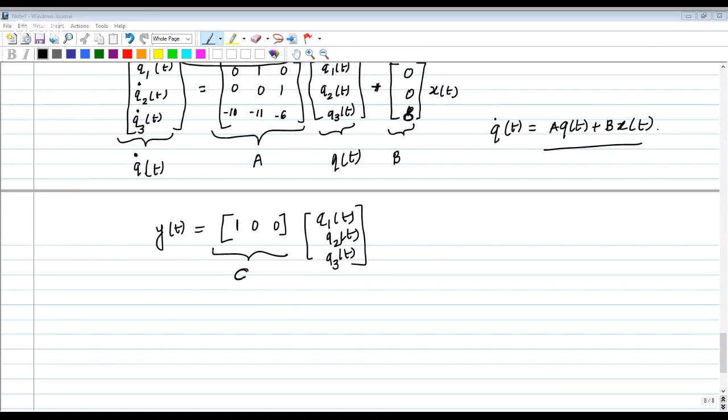Now let us consider another case wherein we have multiple inputs and multiple outputs. Now, here there was only one input x of t and one output y of t. Now, let's say I have multiple inputs and multiple outputs.